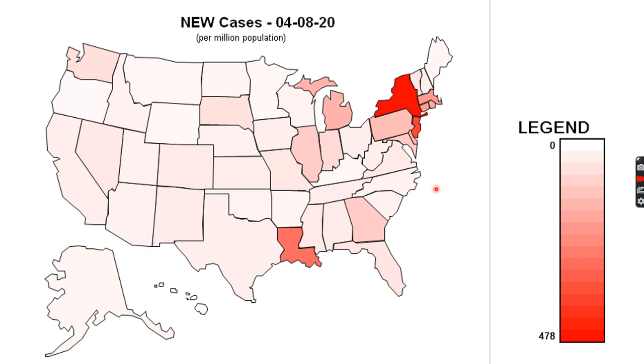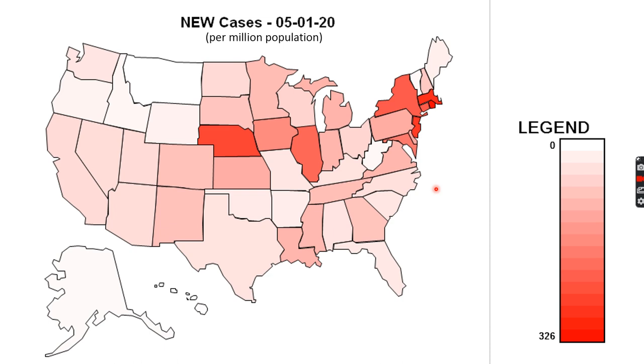April 8th, we see New York, Louisiana and New Jersey were the worst. Then, as of May 1st, New York, New Jersey, the Northeast in general is kind of bad, but we also start to see some areas in the Midwest starting to get bad as well.